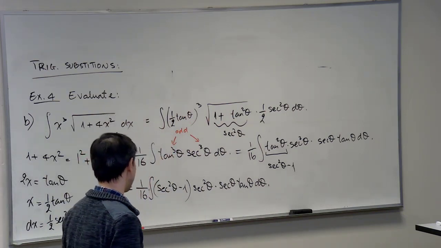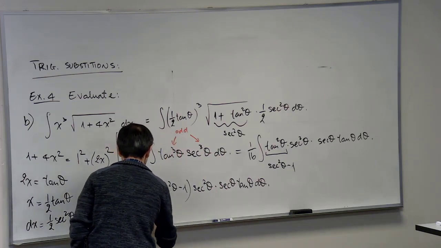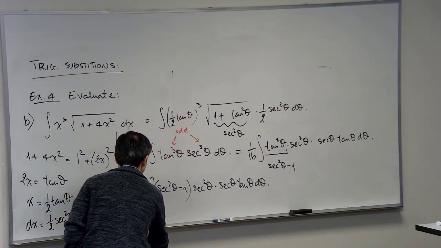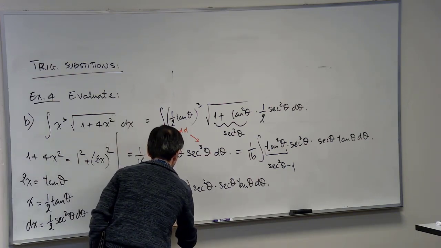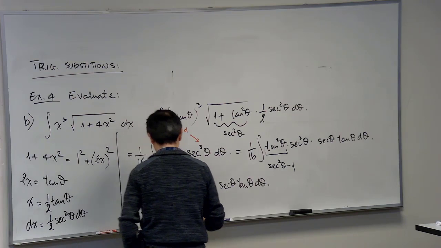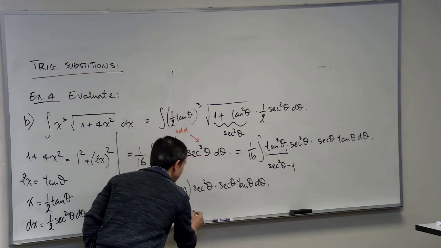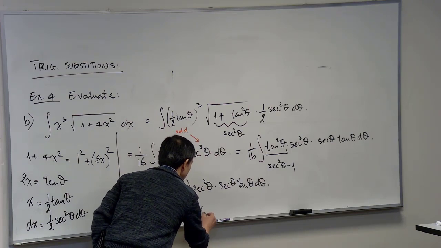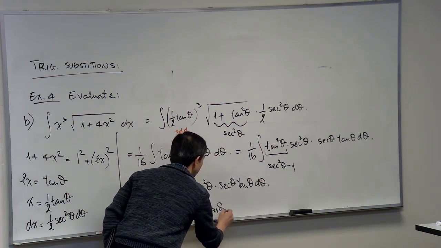So we look at that, no? Right. And then here I'm going to do a little bit of a u substitution. So I'm going to let u equal the secant of theta. Now that makes du equal, right? What's the derivative of secant? It's secant times tangent, and then that's multiplied with d theta.